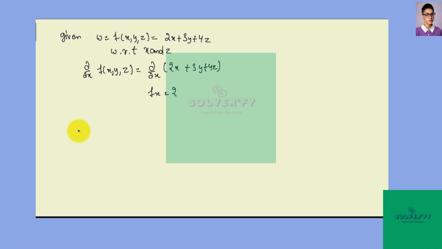When we differentiate with respect to z, the function f of x, y, z, we differentiate 2x plus 3y plus 4z with respect to z, and f_z is equal to 4.